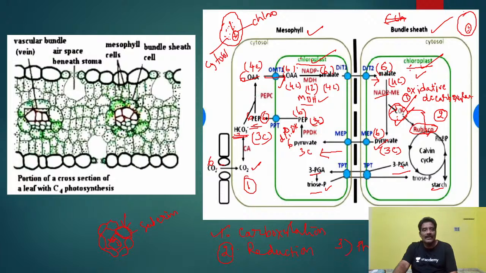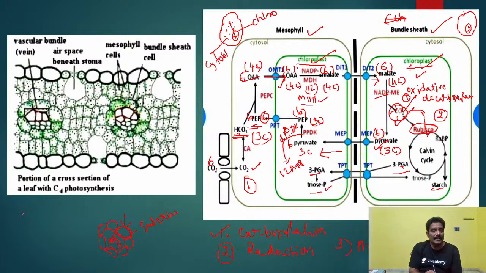Then ATP molecules are also utilized here. Here you see pyruvic acid is converted into PEP. Here 12 molecules of ATP are used. Actually, what is the net gain here?